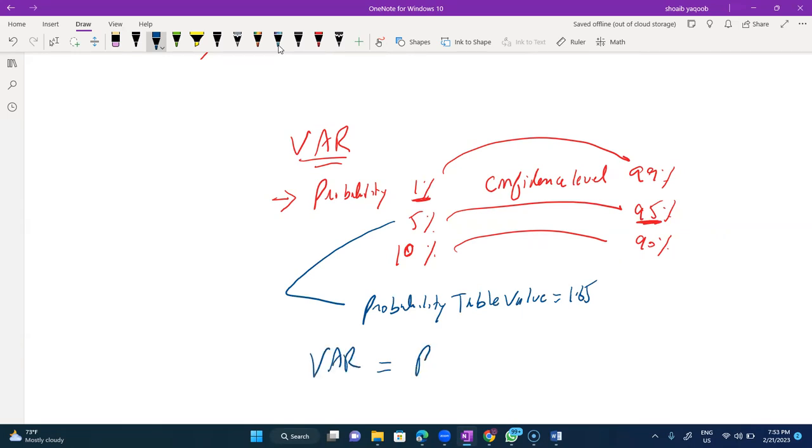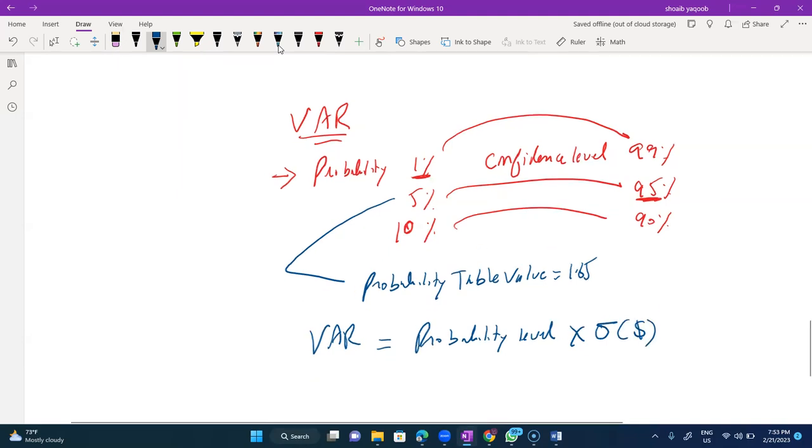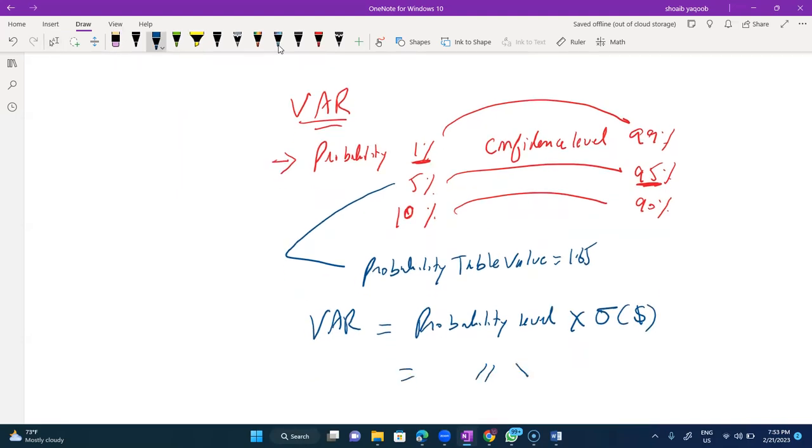Probability level into standard deviation if standard deviation is given in dollars. Otherwise, probability level into standard deviation, if it is in percentage, into fund value or the loan value or the asset value. That's how you will calculate the value at risk.